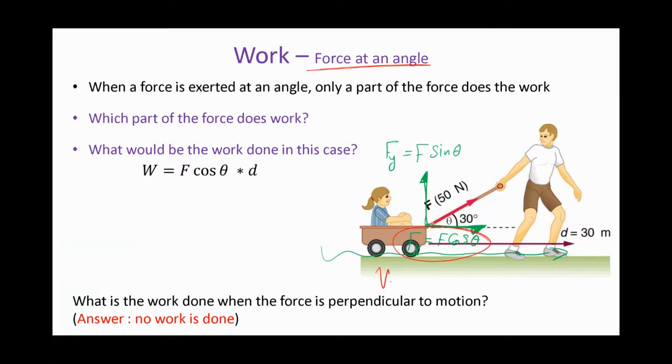So the work done by the father equals only Fx, only the horizontal component, which is F cosine theta times the distance, d. So in case of inclined force, the work equals F cosine theta times the distance. Why? Because only this component did the work.